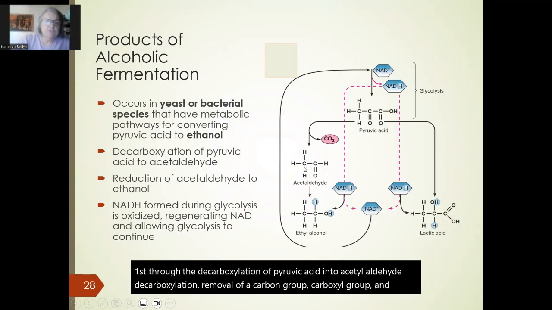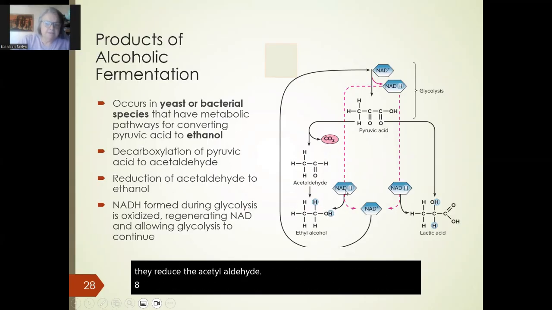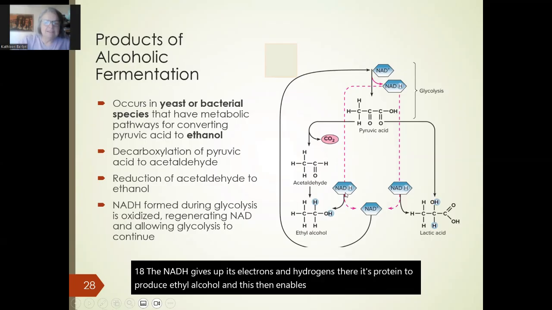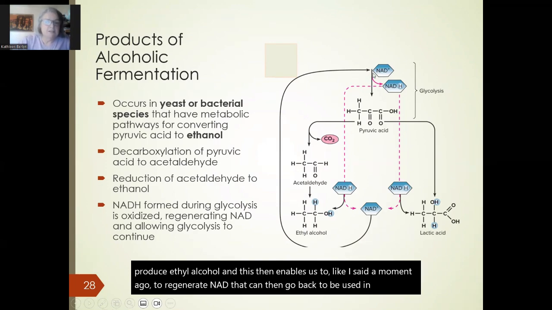And then they reduce the acetylaldehyde, right? The NADH gives up its electrons and hydrogens there to produce ethyl alcohol. And this then enables us, like I said a moment ago, to regenerate NAD that can then go back to be used in glycolysis.